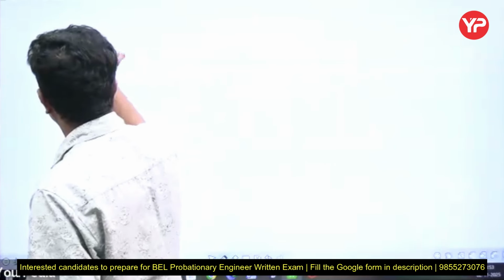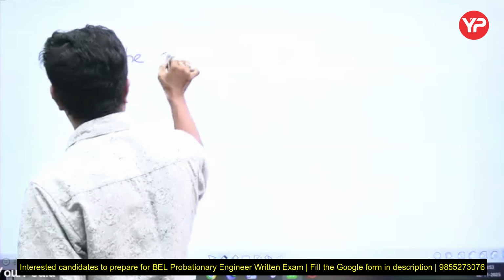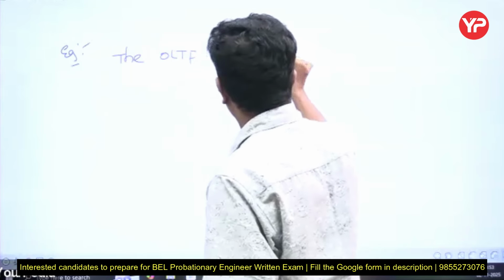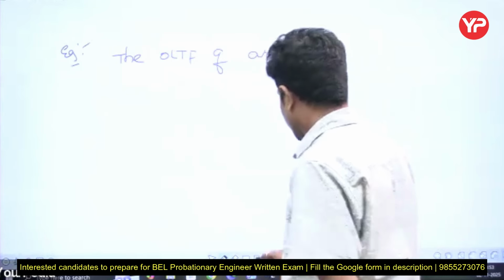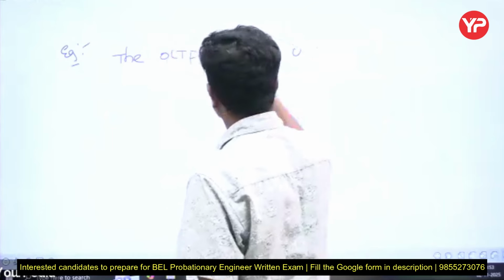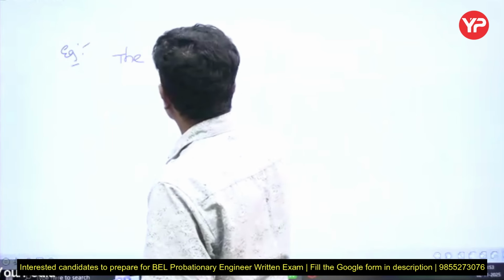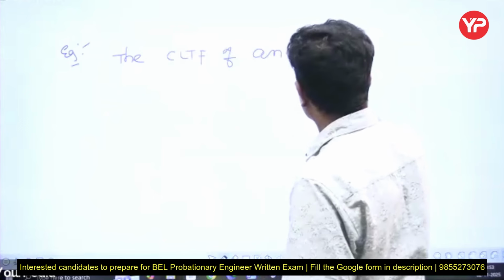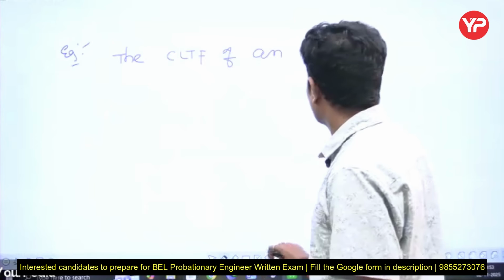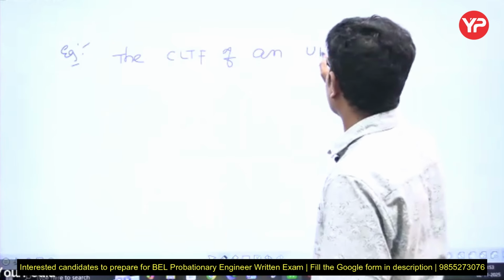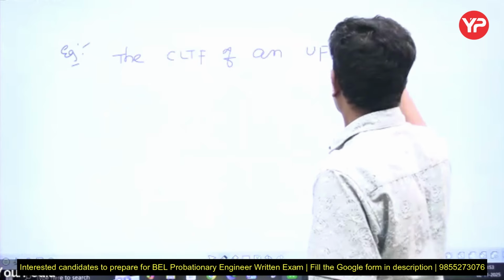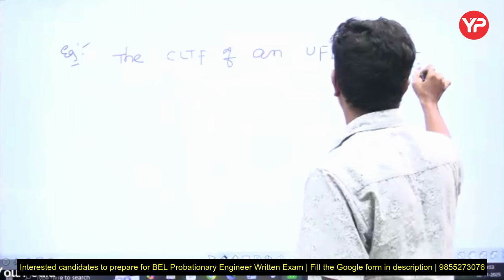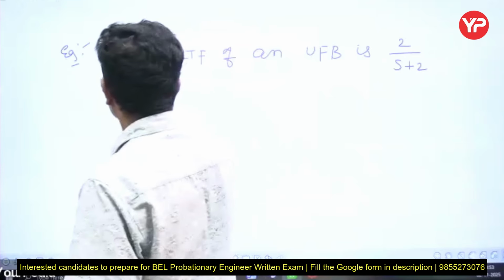Let me give the next question. The OLTF of a unity... not OLTF, let me give CLTF this time. The CLTF of a unity negative feedback system, UNFB, is 2 by S plus 2. Then the OLTF is dash.